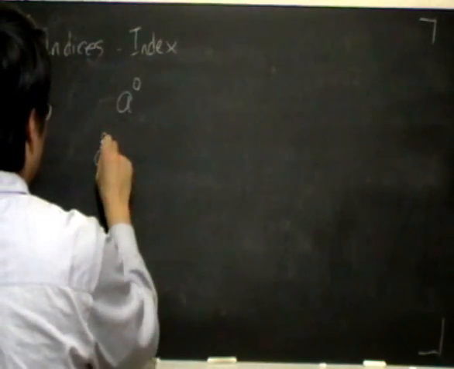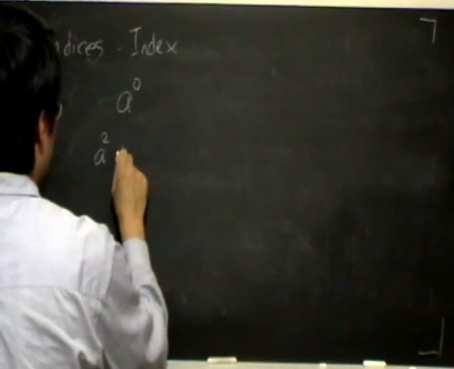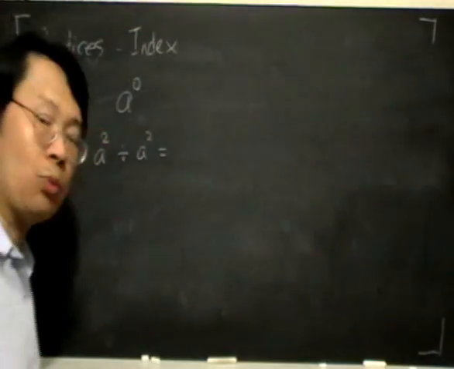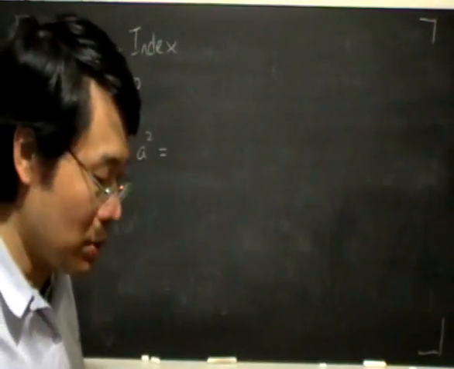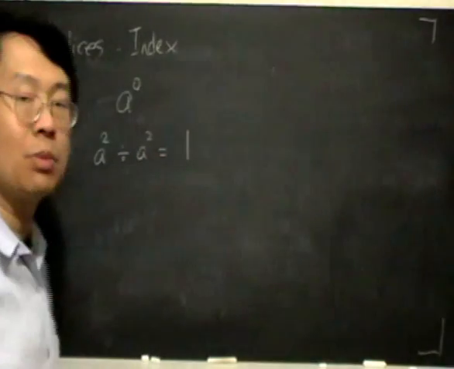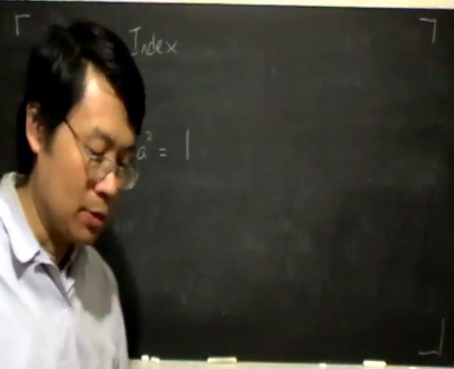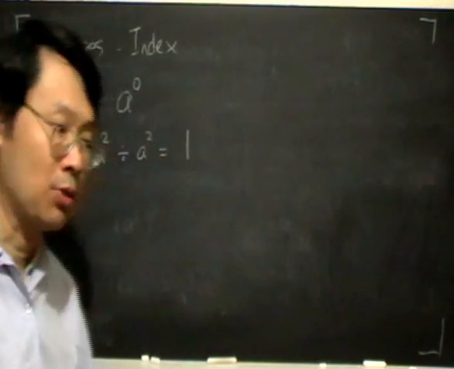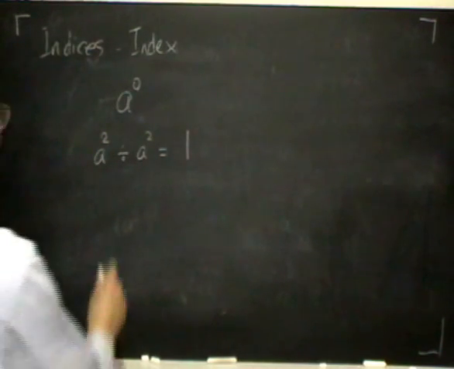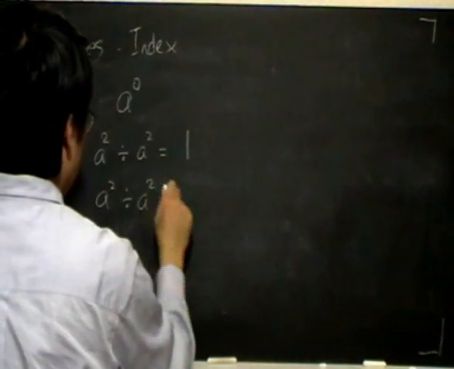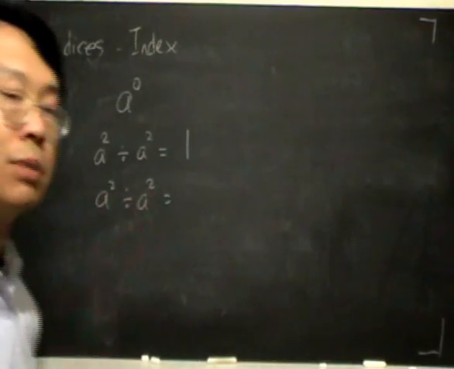Let's look at this example. A squared divided by a squared. Now we know what this is. A squared divided by a squared. They are the same numbers. Answer must be 1. But remember that we have learned a rule just now where if I want to divide two powers, I can do it by subtracting the powers.